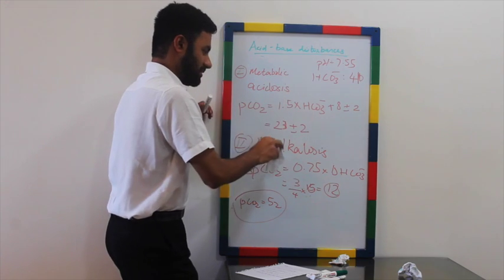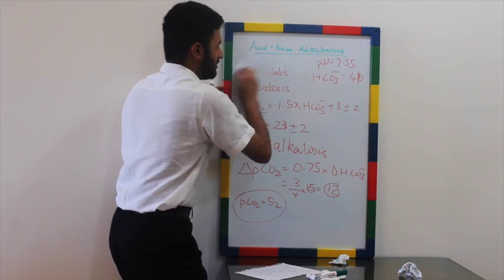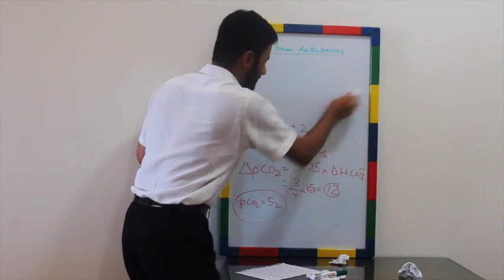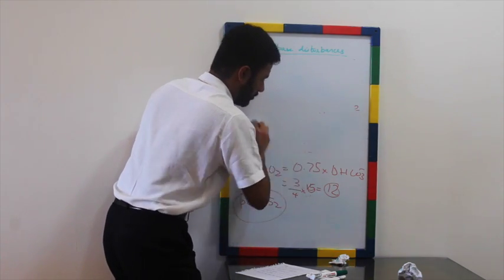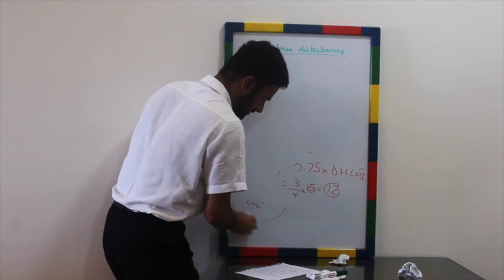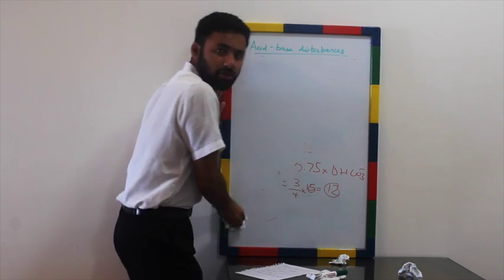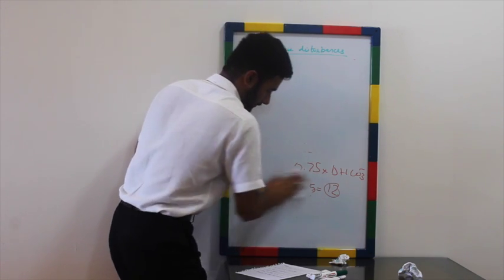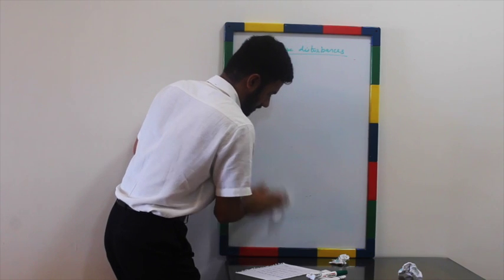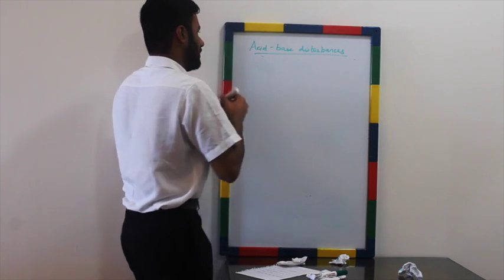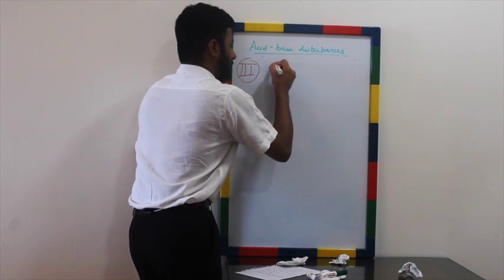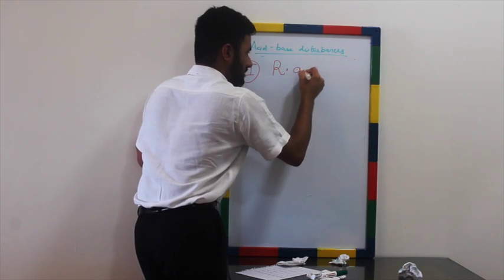Now this is the metabolic acidosis and metabolic alkalosis. Now for the respiratory disorder, the expected bicarbonate varies depending on whether the disorder is acute or chronic. So number 3, respiratory acidosis.